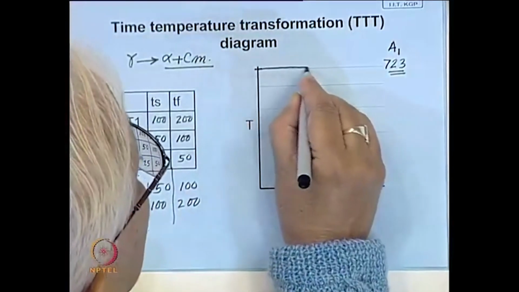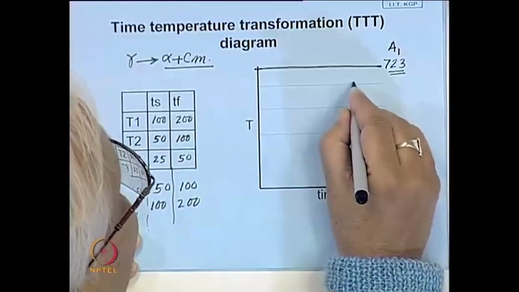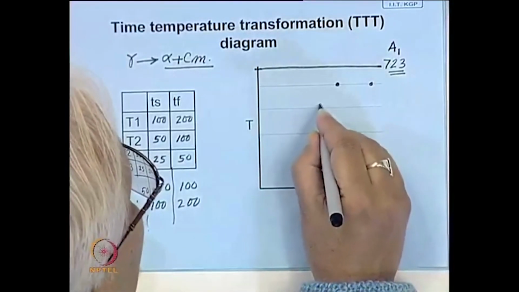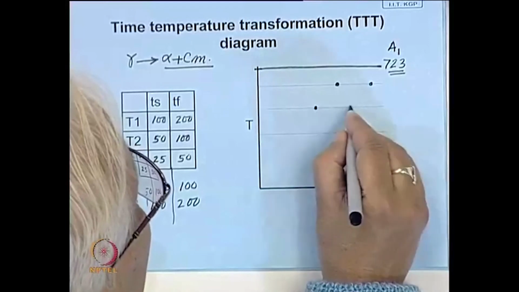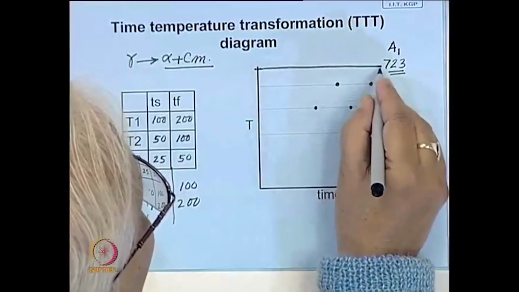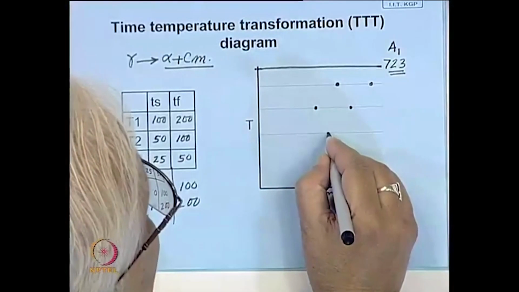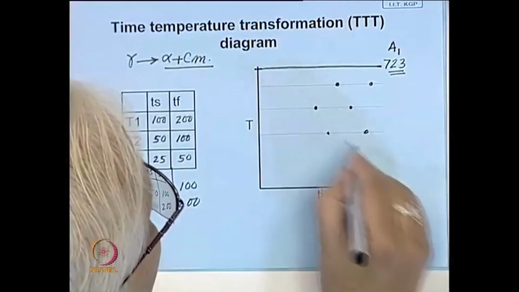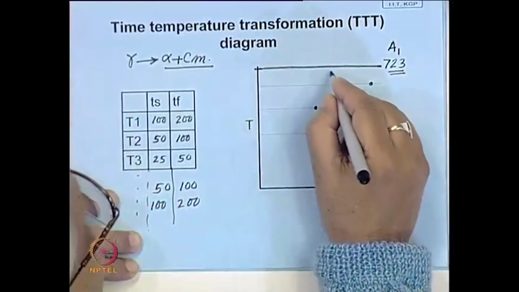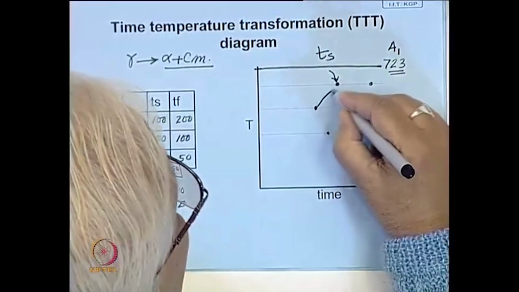Now, let us say at 700, this is the start and this is the finish point. Similarly, here this is the start and this is the finish point. At another temperature we have seen it starts decreasing, then again it starts increasing. So, this is the way it goes. And then if you join all these points, these are the start points, you get a line like this.